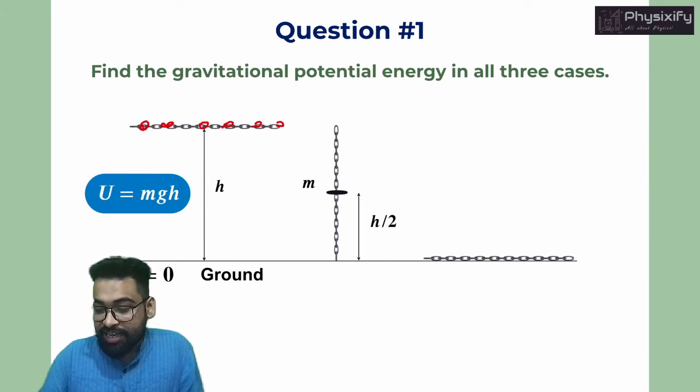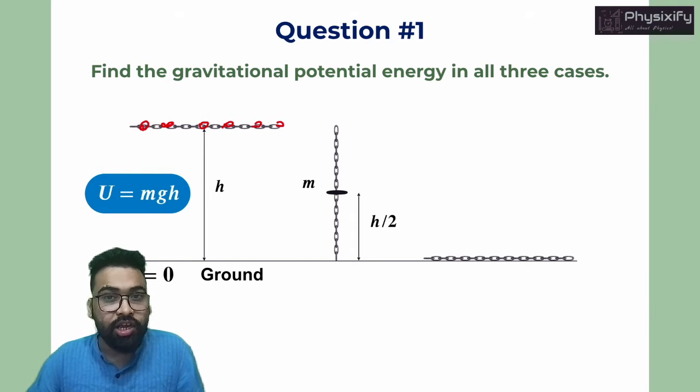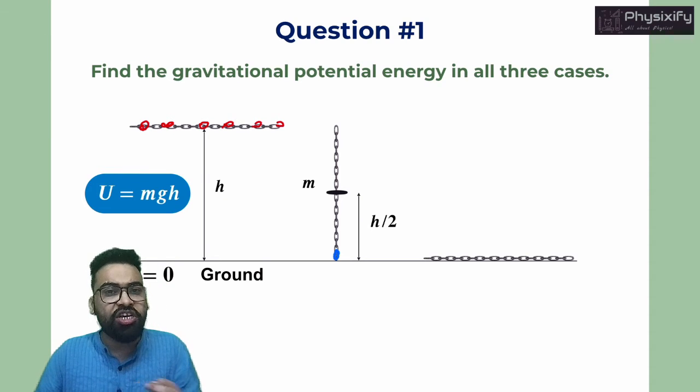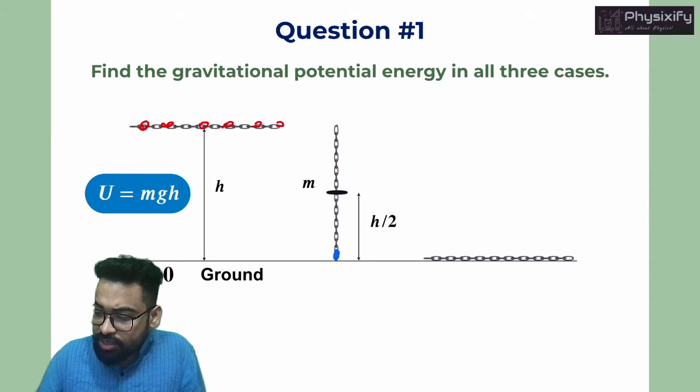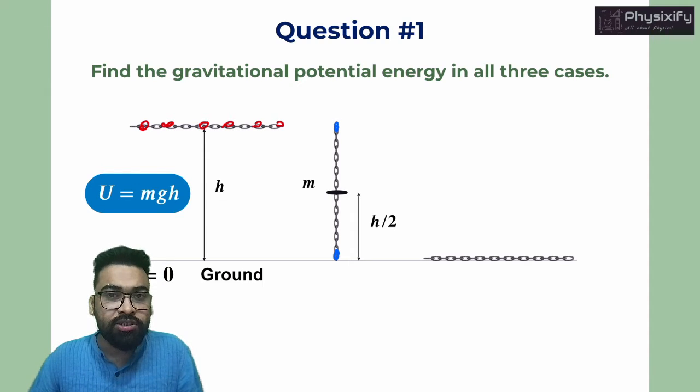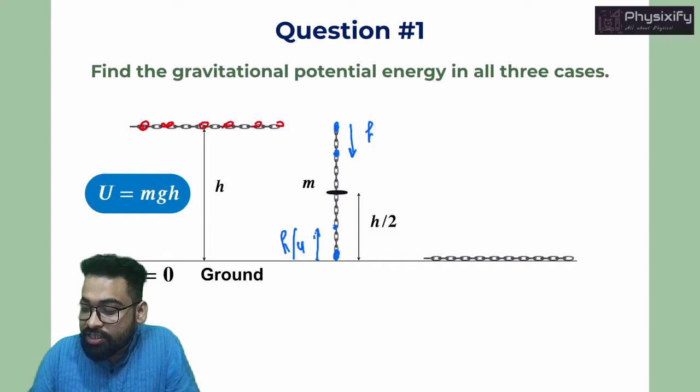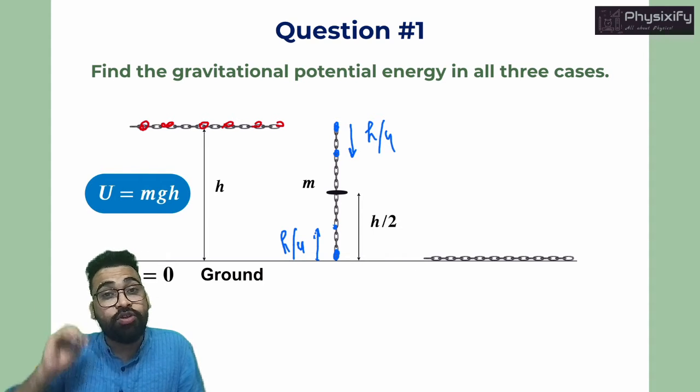What about the second case? The second case is a little more tricky. Why? Because if some mass is almost near the ground, there is a counterpart of the mass that is at height h. If there is another mass at a height of h by 4, then there is a similar mass that is at a height h by 4 from the top.